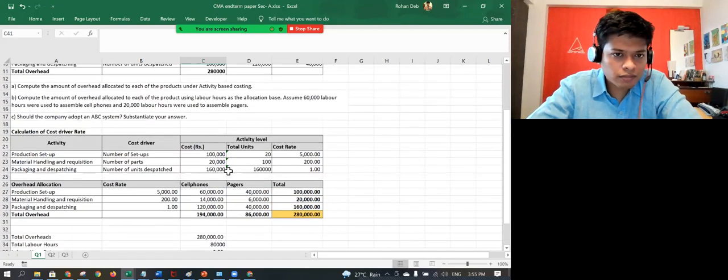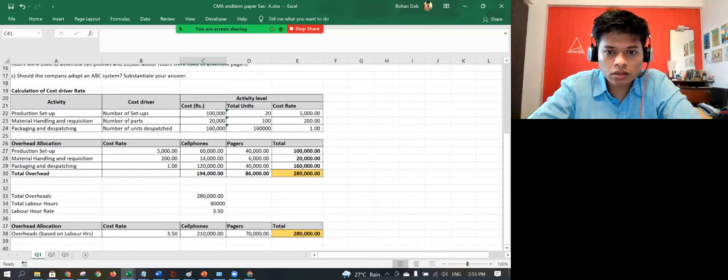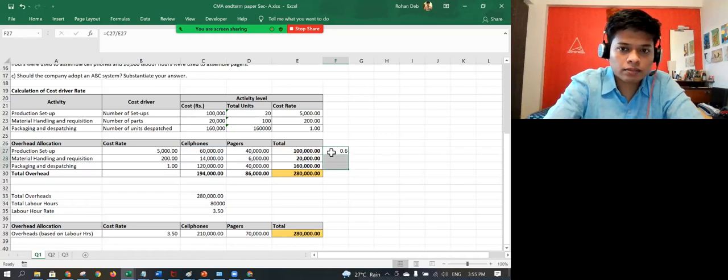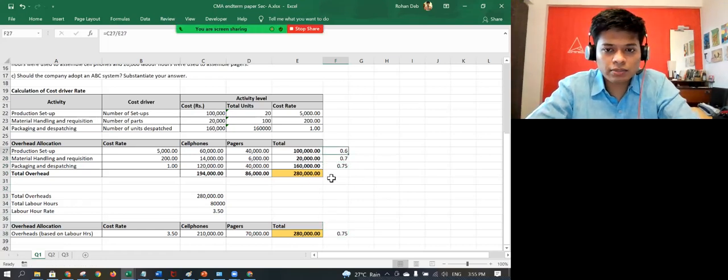now you can figure out the ratios. One second, let me just do this. See, the indirect cost allocated to cell phones divided by the total, and do that for the entire thing, and copy and paste it over here. You can see that the difference in the cost is because 75 and 75 is the same.